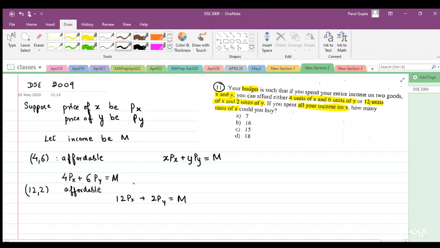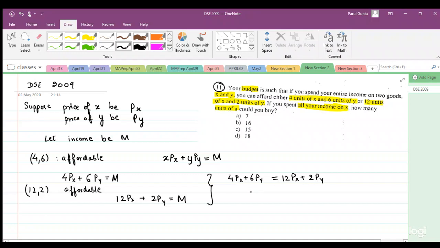Now because both of these are equal to M, we can make one equation using these two equations by just equating the left hand side. So using this we get this equation. I have equated 4Px plus 6Py equal to 12Px plus 2Py.